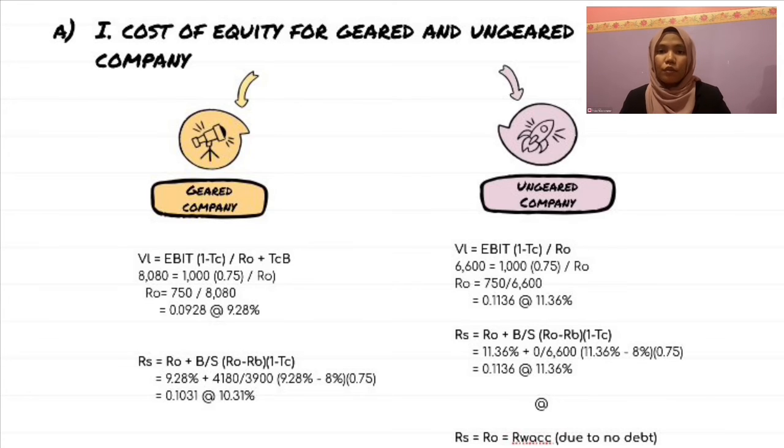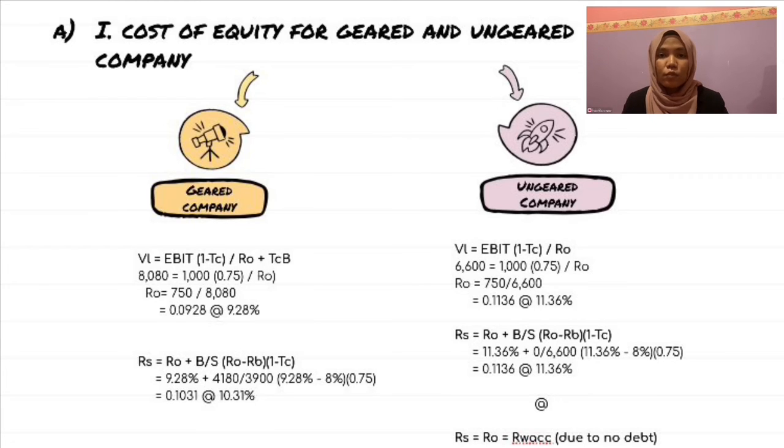So we have to find the geared company amount, which is value of firm equals to EBIT multiplied by 1 minus tax and divided by RO plus TCB. So the amount of VI is 8,080 equals to EBIT 1,000 multiplied by 0.75 and divided by RO. We don't know the RO amount, so we have to calculate the RO, which is 750 divided by 8080.